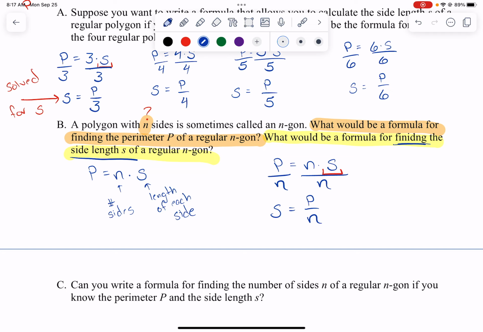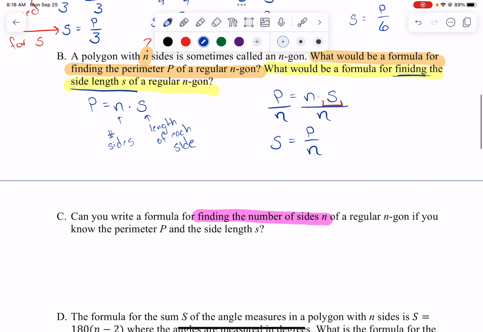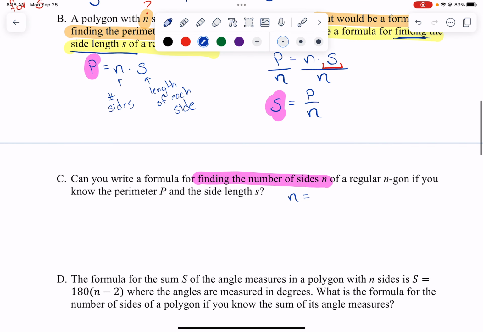All right. So next, can you write a formula for finding the number of sides n? So here we want to find the number of sides n. We've got an equation that's P equals, and we have one that's S equals. I want one that's n equals, if you know the perimeter and side length.